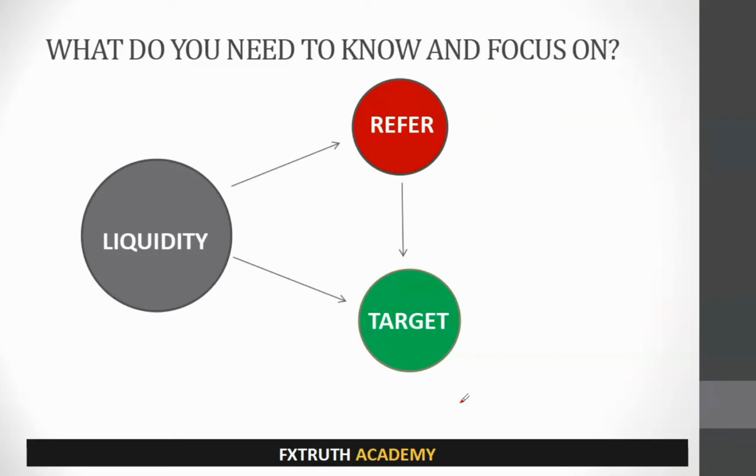So once price trades there, all we're looking for around that region is a selling opportunity in the marketplace, and now inform us on the next direction, which will be the target point. Mind you, the strategy, the approach is the refer to target mentality. So once price refers to, let's say, the fair value gap, all we want to see price do is target another area of liquidity.